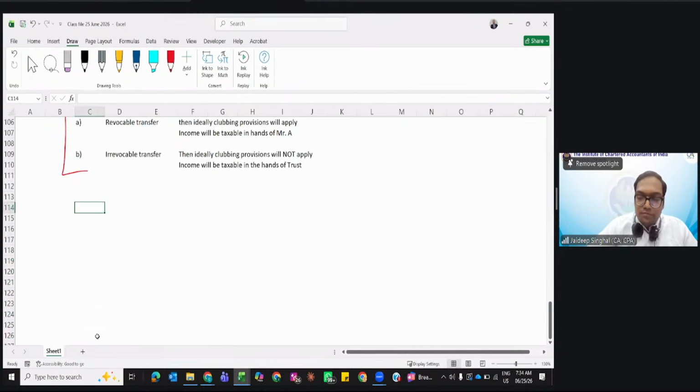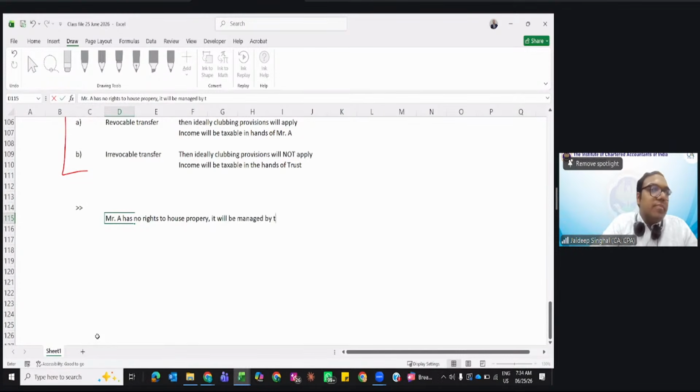Let's suppose in this example, Mr. A has no rights to the house property. It will be managed by the trust and it belongs to the trust.